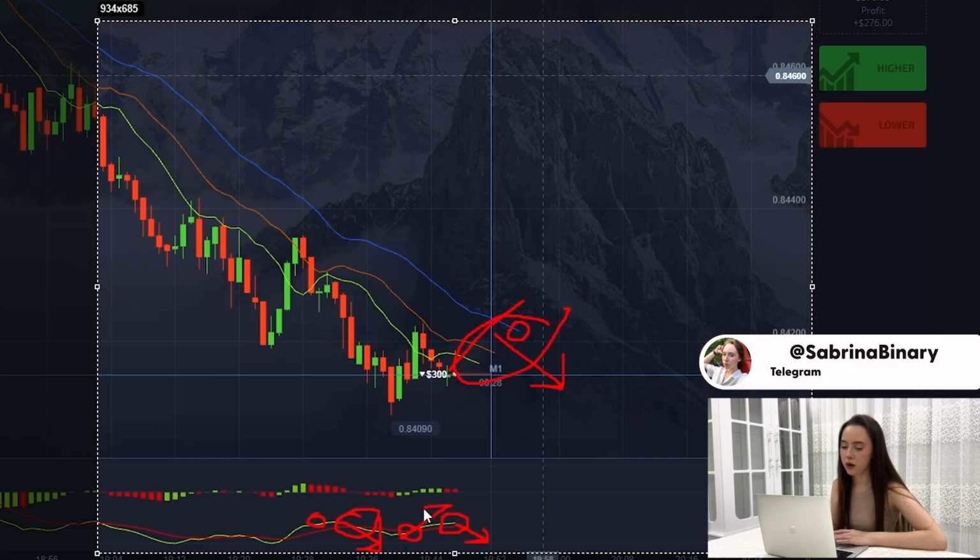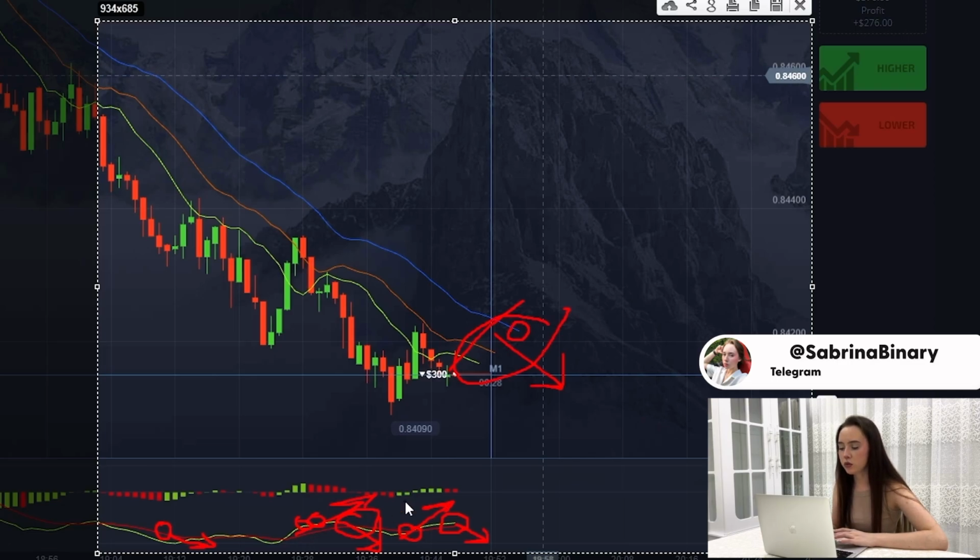And let me show you how to use this information in practice. As I said earlier, when the main line, that is green, crosses the signal line, that is red, there is a signal to sell.